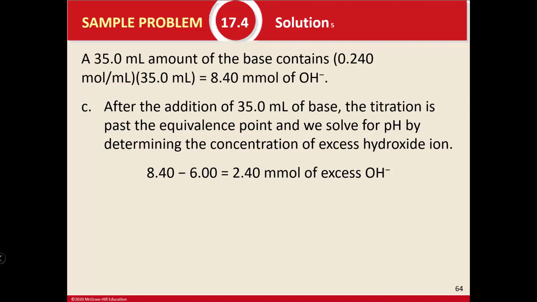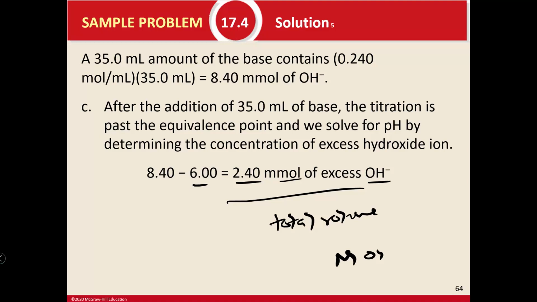So 8.4 minus the 6 millimoles of acetic acid that we started with says that we have 2.4 millimoles of excess hydroxide ion that is not reacted. If we divide that by the total volume of the solution, that will give us the molarity of the hydroxide ion. So let's do that.